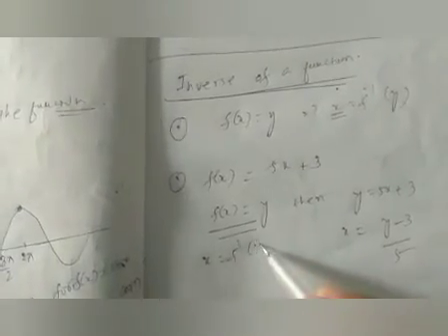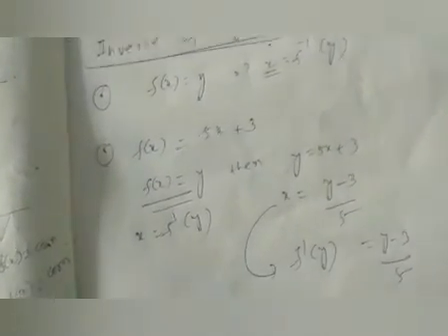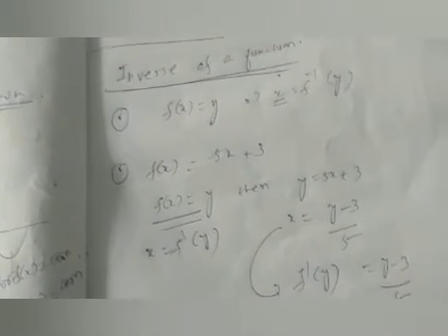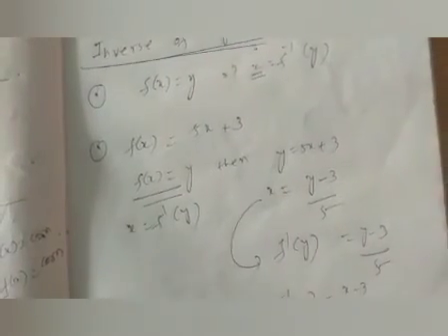By this step, x equals f inverse of y, so we can write f inverse of y equals (y minus 3) by 5. Replacing y with x, f inverse of x equals (x minus 3) by 5. Simple.